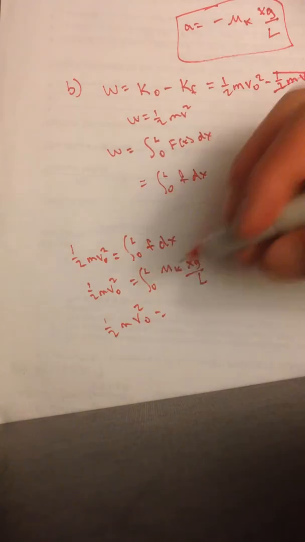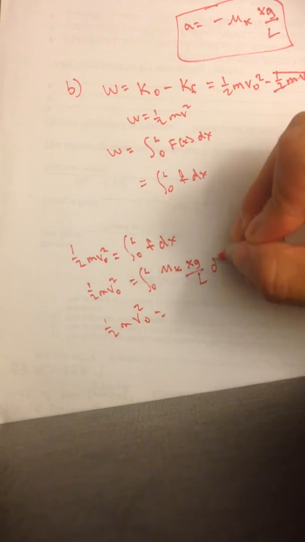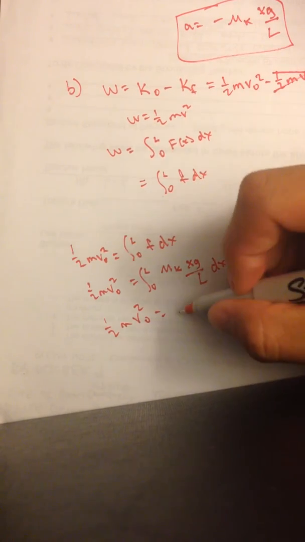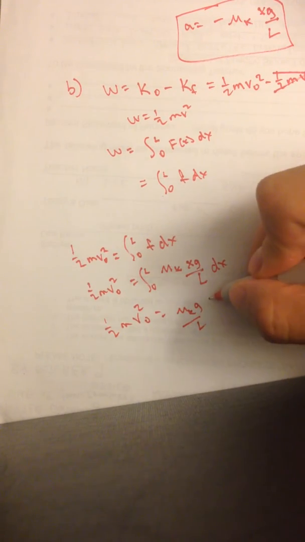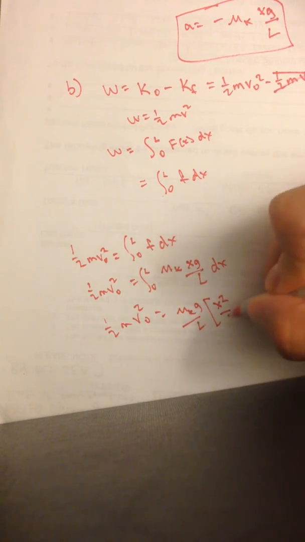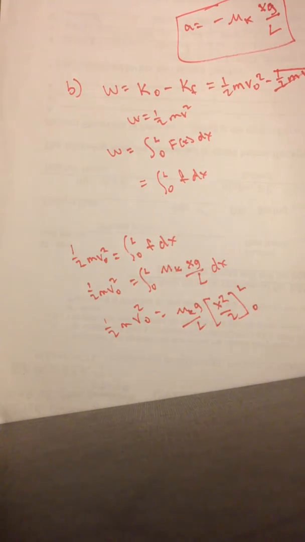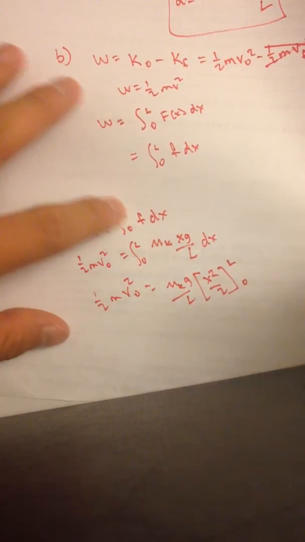Because we are integrating with respect to x, everything else that's not x stays constant, and the x becomes x squared over 2, along the limits of 0 to L.